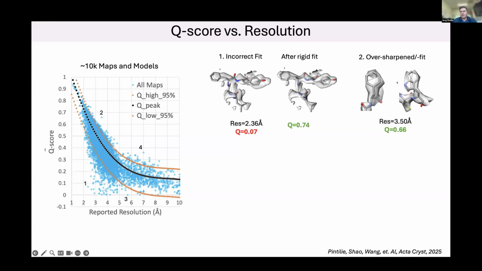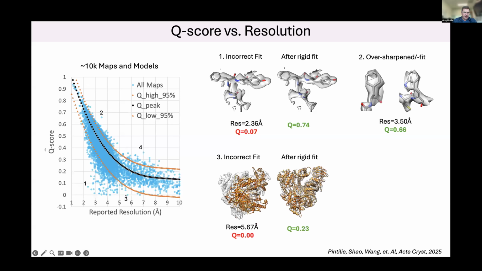And if you fit a model into an over-sharpened map, you might stretch all of those structural parameters, strain them a little bit more, and get the atoms to move into more noisy, sharp peaks. So the Q-score does go up. But again, the fact that it's above this 95 percentile range says you shouldn't be seeing Q-scores this high. So you might want to check, as it indicates a possible slight issue.